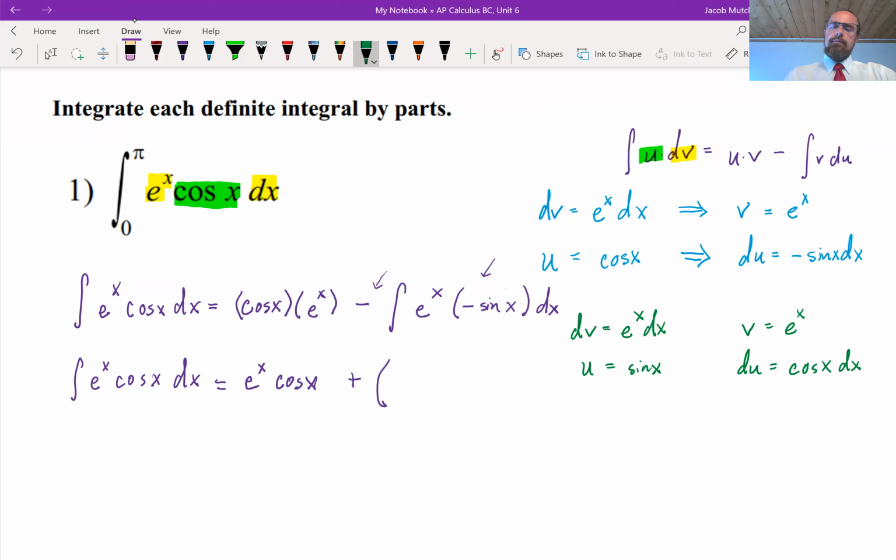So again, it's u times v, sine x times e to the x, minus the integration of v du. So that's e to the power of x times cosine x dx.